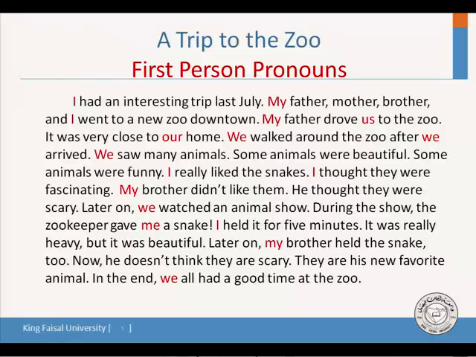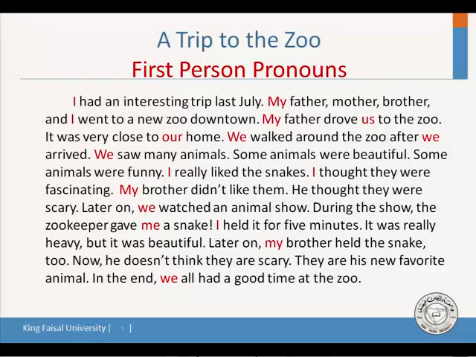They are written in red. We walked. We, subject pronoun. We walked around the zoo after we arrived. We saw many animals. What did we see? We saw many animals. Some animals were beautiful. Some animals were funny. I really liked the snakes.